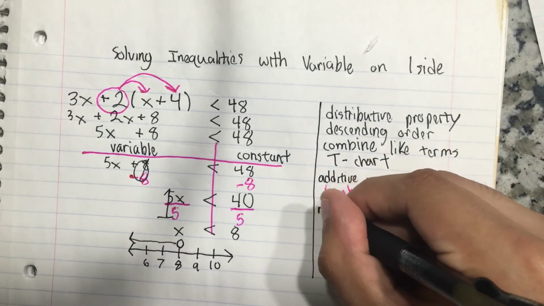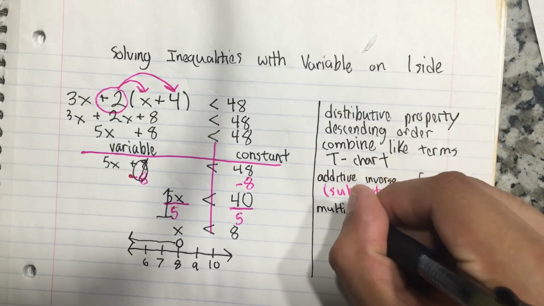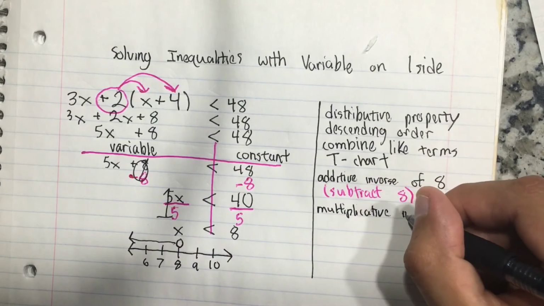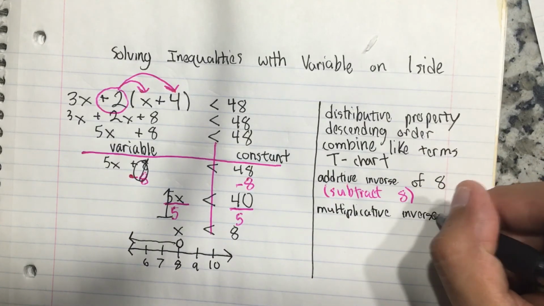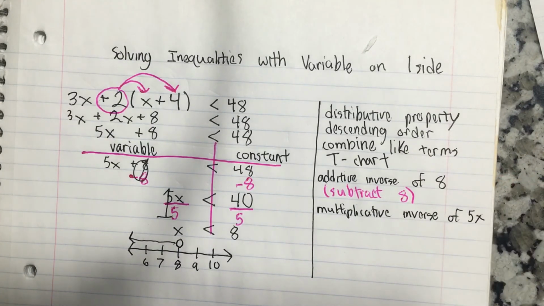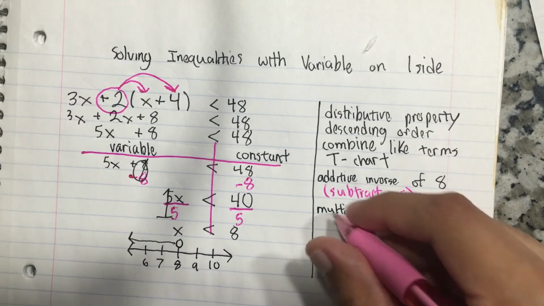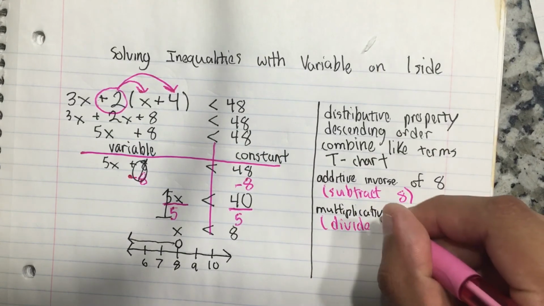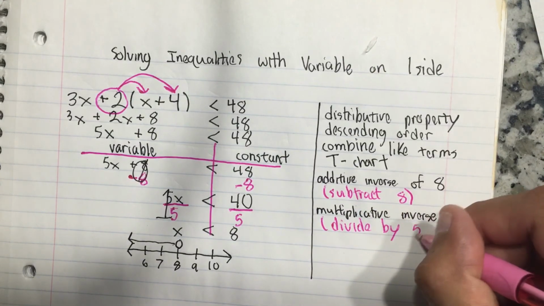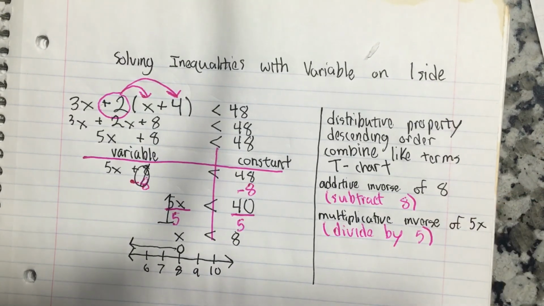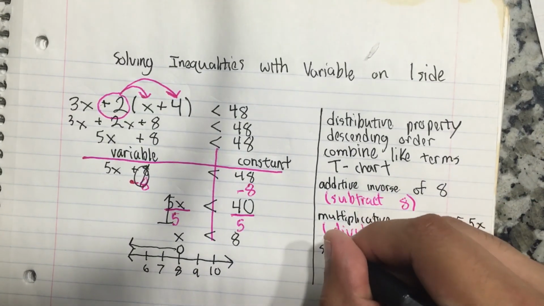Then we did the multiplicative inverse of 5x, which is to divide by 5. Solution.